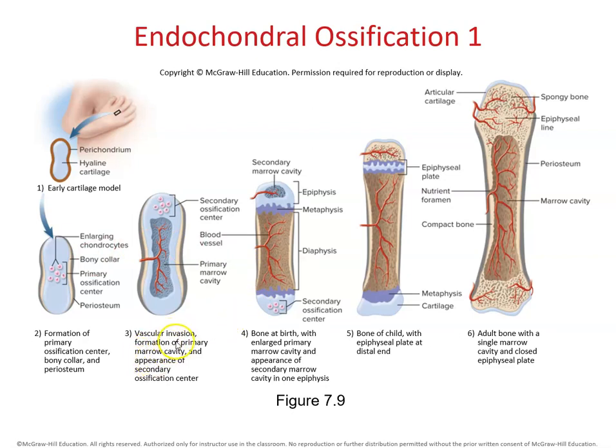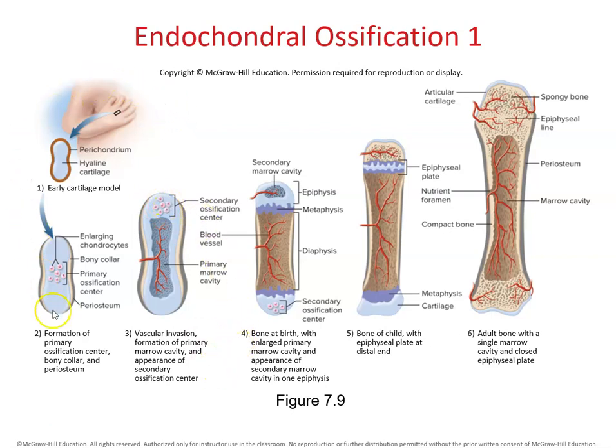Into what becomes the primary marrow cavity, we have blood vessels come in. That's vasculature invasion, the introduction of blood vessels. And when this happens, we have a secondary ossification center away from the middle that forms.